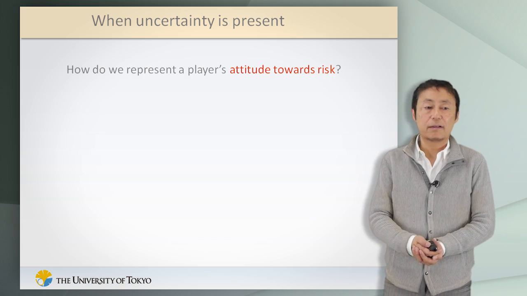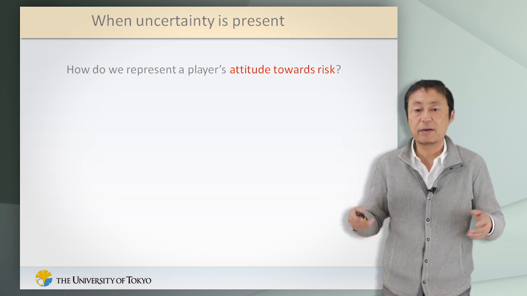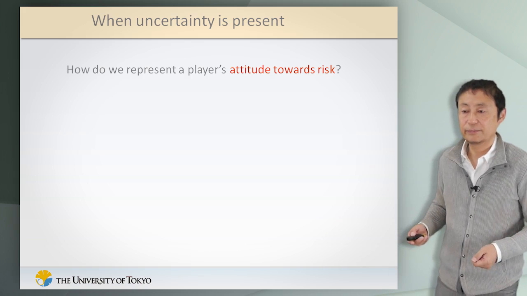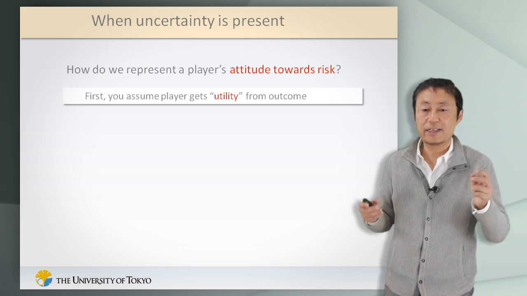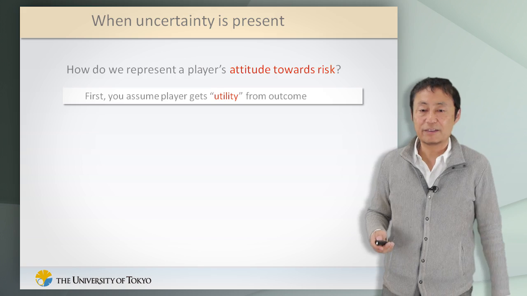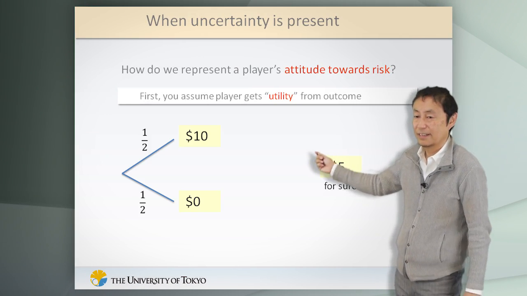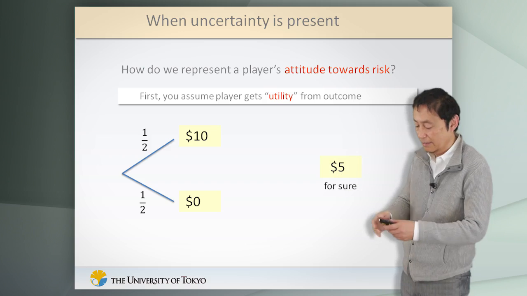We have to represent those two different behaviors somehow, and here is a very easy way. First, you assume that players get some utility from outcomes. If you choose this lottery, the outcome would be either $10 or $0.